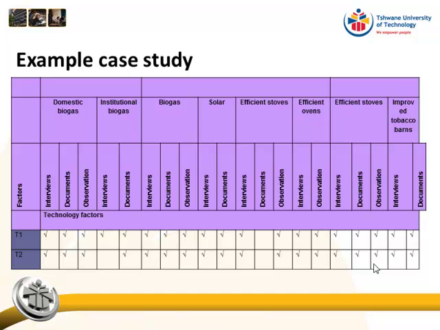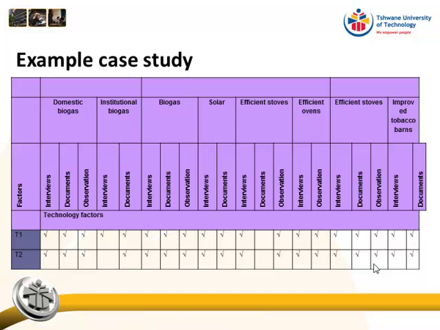All right, so this is just an example to show you that this was my study. Now, I had 11 factors on the y-axis over here, and these were the two technology factors.